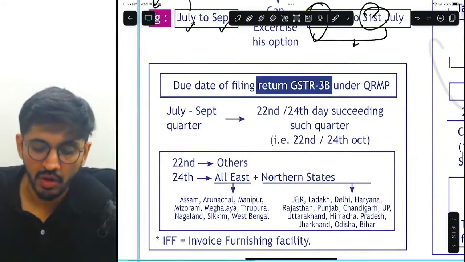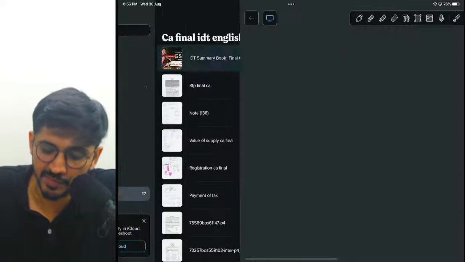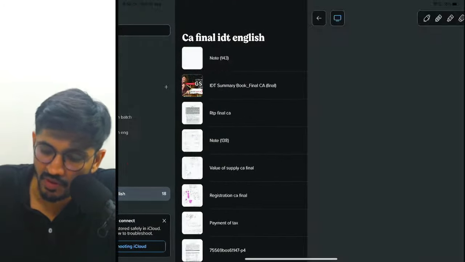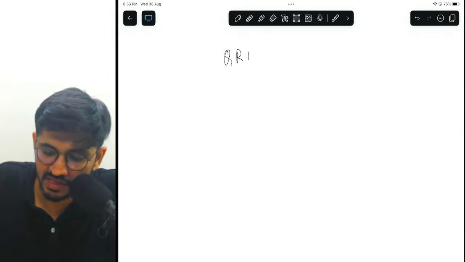Now understand there are three aspects to this. In the QRMP scheme, understand what is QR and what is MP.